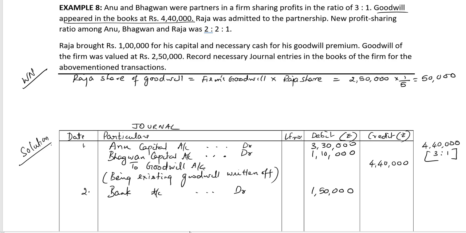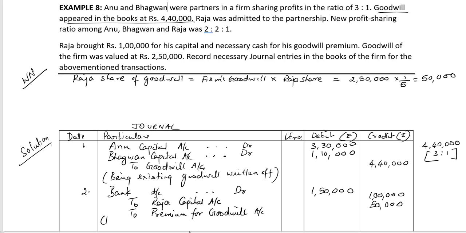So that's 1,50,000 to Raja capital account, 1 lakh rupees, and to premium for goodwill account ₹50,000, being capital and PFG brought in by Raja.